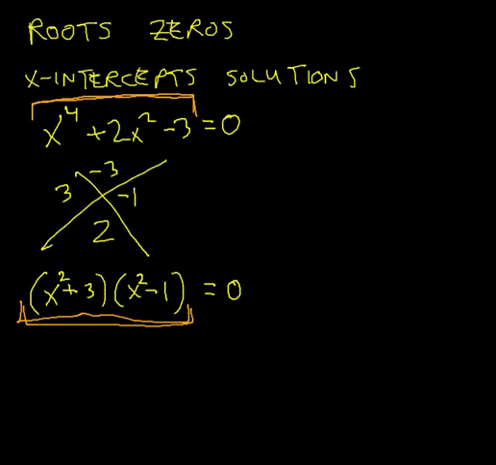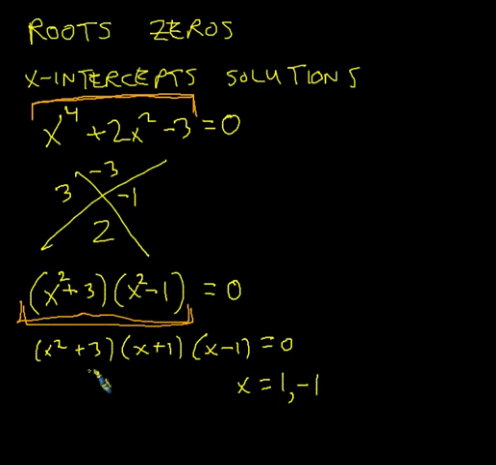So anyways, back to our factoring. Zero product property is what I'll use to solve, and when I do, I got to factor a little more. We've got x squared plus 3, but this is a difference of 2 squares, so that's x plus 1 times x minus 1. And so this gets me x equals 1 and negative 1 very quickly, or vice versa.